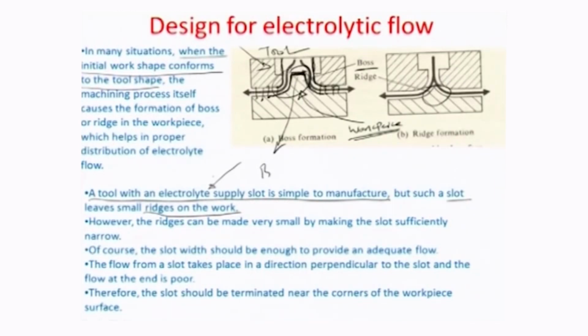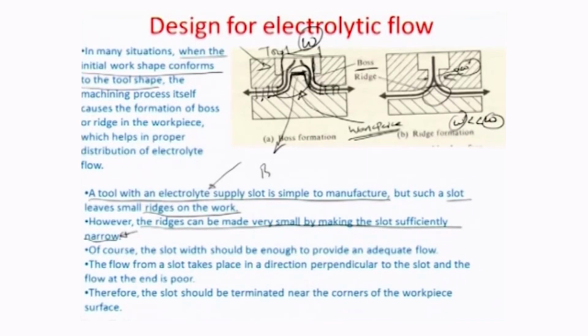So, one option can be that the ridges can be made very small by making the slot sufficiently narrow. So, instead of the whole width W here, you go for a much narrower slot, let us say W dash. W dash is much smaller in comparison to W. That would ensure that the ridge or the boss has minimum size if possible.